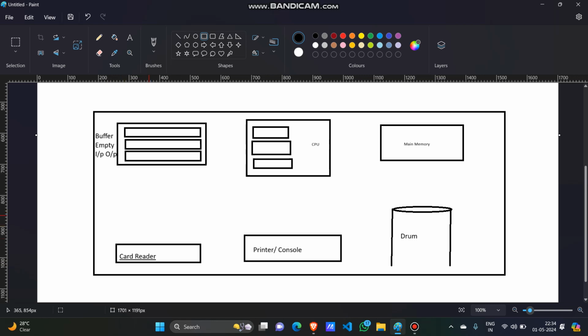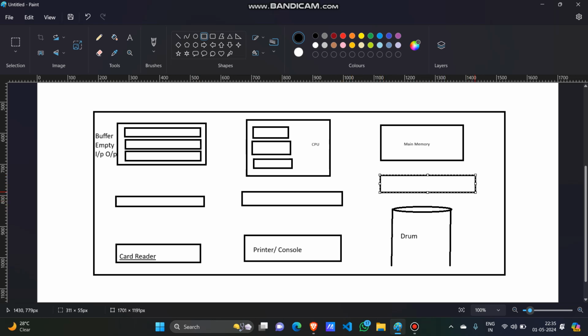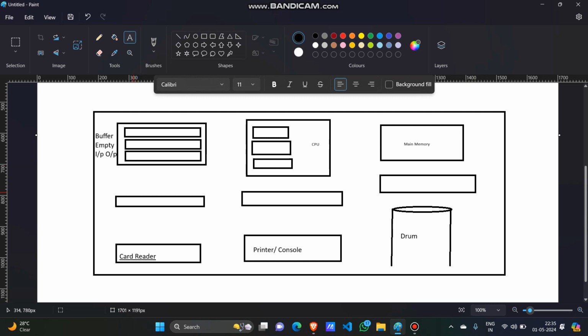So to bring this synchronization, we provide an interface between these entities, and this interface is known as channel. So this is channel 1, this is channel 2, and this is what we call channel 3.